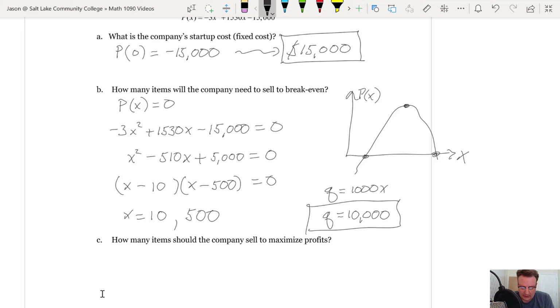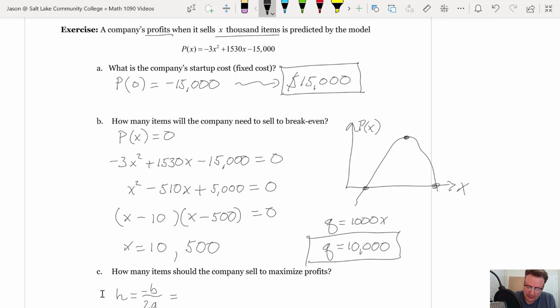Well, here you just have to remember the formula for h and k. So h is equal to negative b over 2a. Here's my a, here's my b, and here's my c.